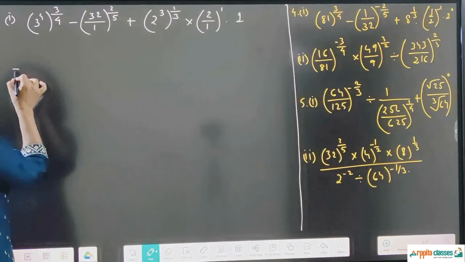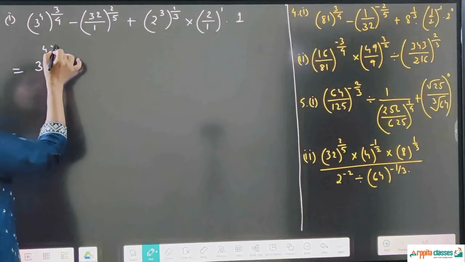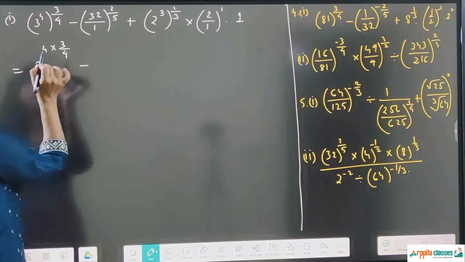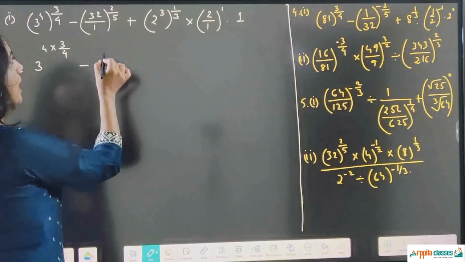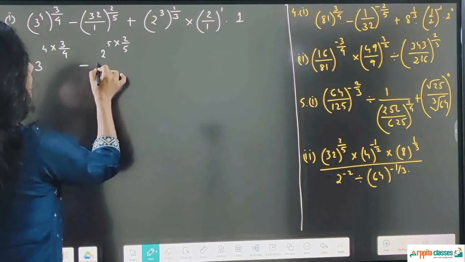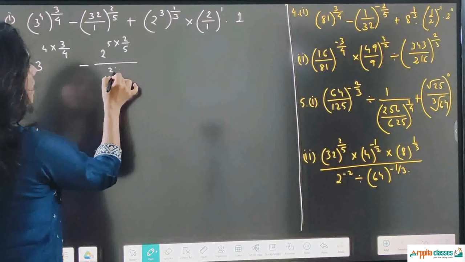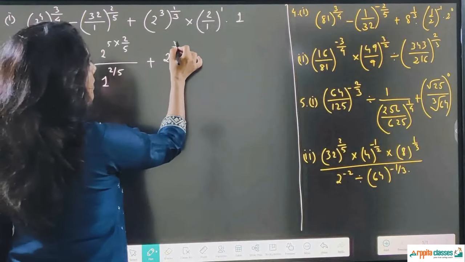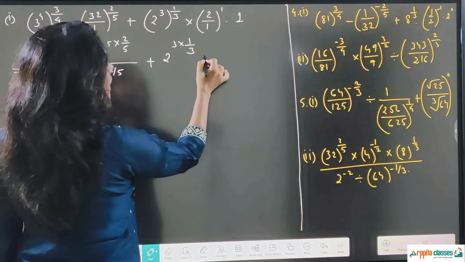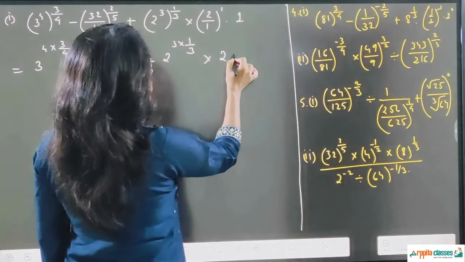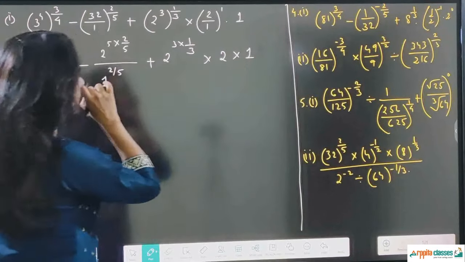Now here it will be 3 to the power 4 into 3 by 4 minus 32 can be written as 2 to the power 5. So it is 2 to the power 5 into 2 by 5 divided by 1 to the power 2 by 5 plus this will be 2 to the power 3 into 1 by 3 into anything to the power 1 is that particular thing, so that is 2 into this is 1.